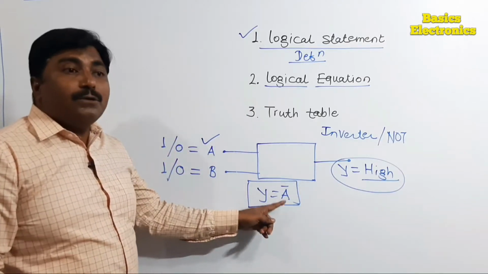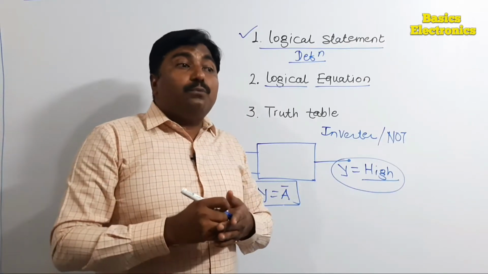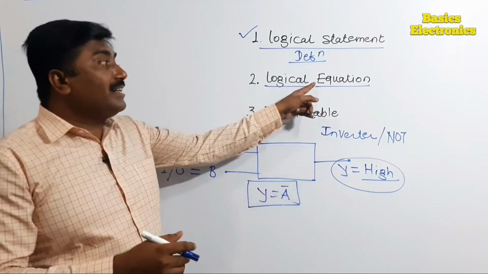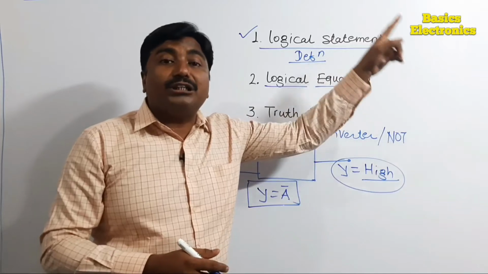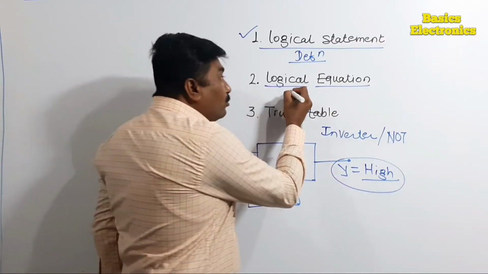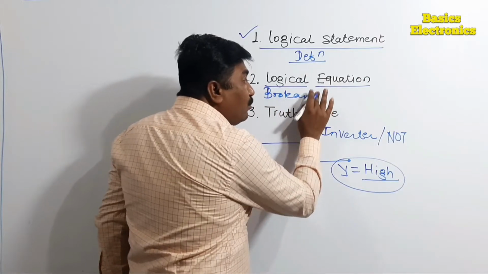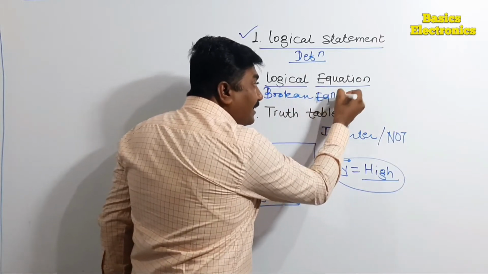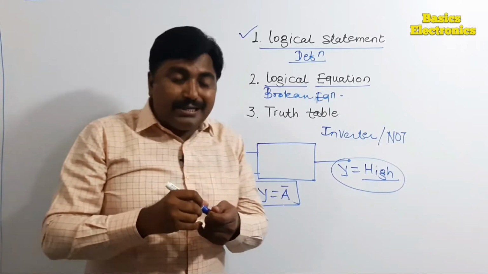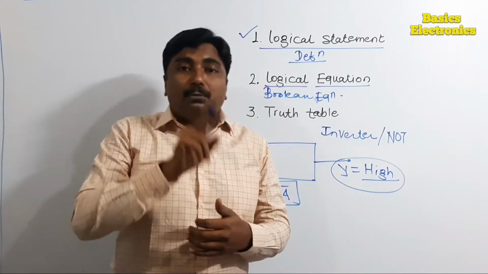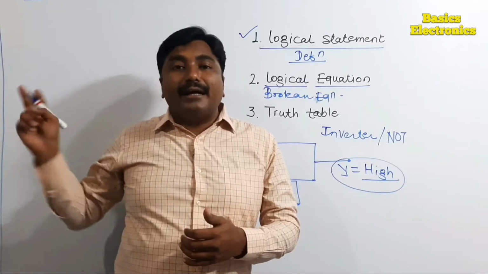This equation which shows the output status, the output condition, we call a logical equation. We also call it a Boolean equation, and this equation gives the idea what type of output we get when we apply the inputs.